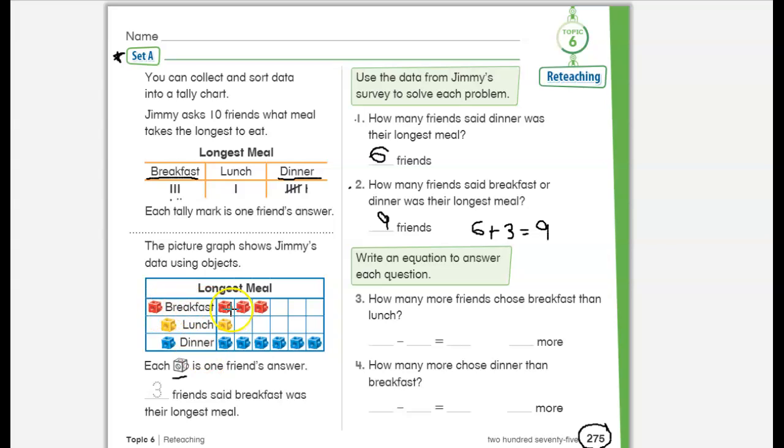For breakfast, there are 3 blocks. This shows the 3 tally votes. For lunch, there is 1 block. This shows the 1 vote. And for dinner, this shows the 6 votes.